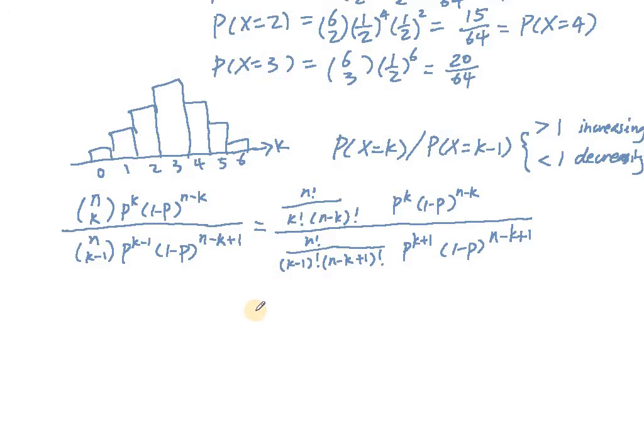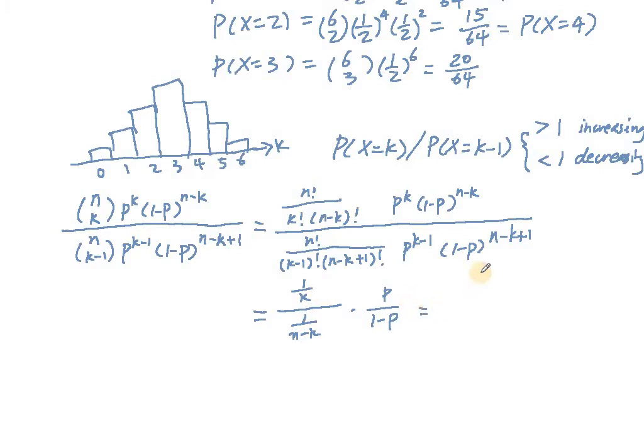So now the n factorial cancels out. The k factorial and k minus 1 factorial will cancel out to be 1 over k. And then in the denominator, it cancels out to be 1 over n minus k plus 1. And on the other side, the p would cancel out, and also same for the 1 minus p.